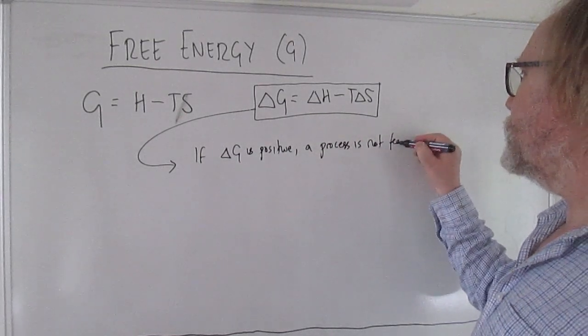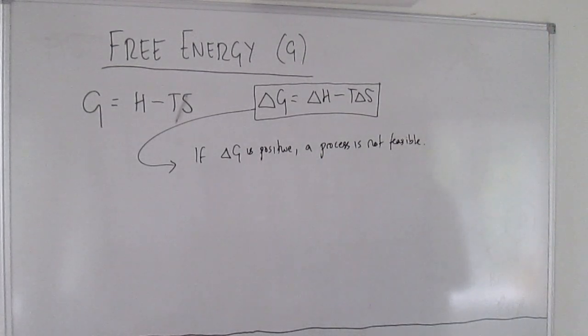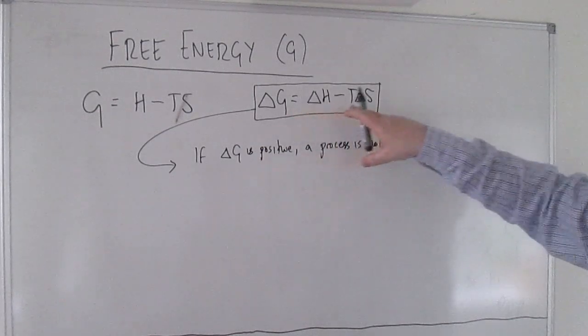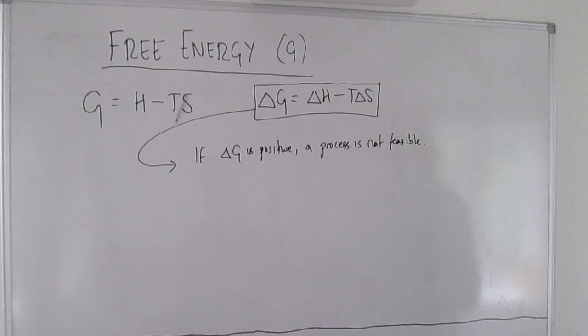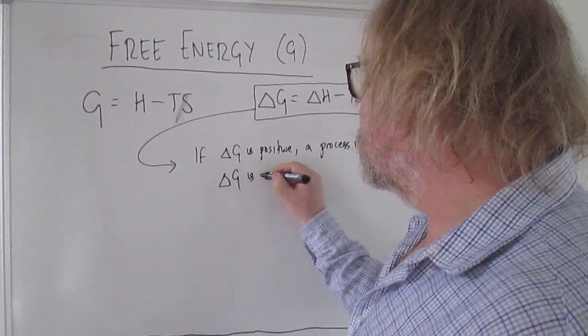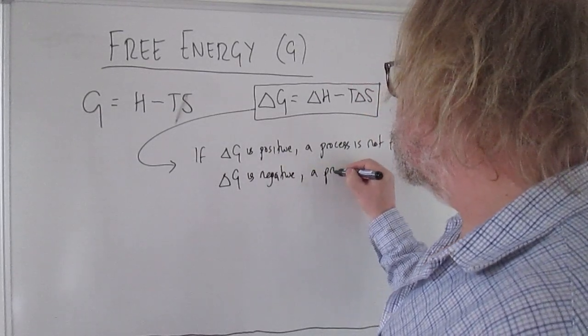So any reaction or physical change, anything at all that you might imagine happening, if you calculate delta G for it and it comes out to be a positive number, it means it cannot happen. Not at that temperature. But of course, as you can see from the definition, if you change the temperature, that conclusion may be different. On the other hand, if delta G is negative, then a process is feasible.